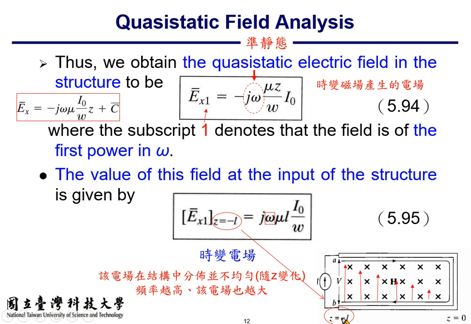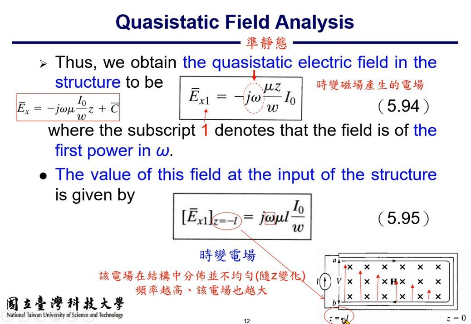The total electrical field on the very left end of this structure is j omega mu L times I sub 0 divided by W. It's proportional to the frequency, and it depends on the structural parameters, including the length, the width, the material property mu, and of course, the current magnitude. The larger the current, the stronger the electrical field.